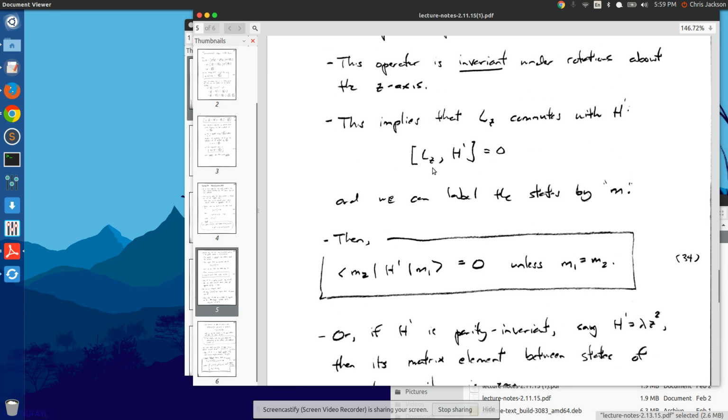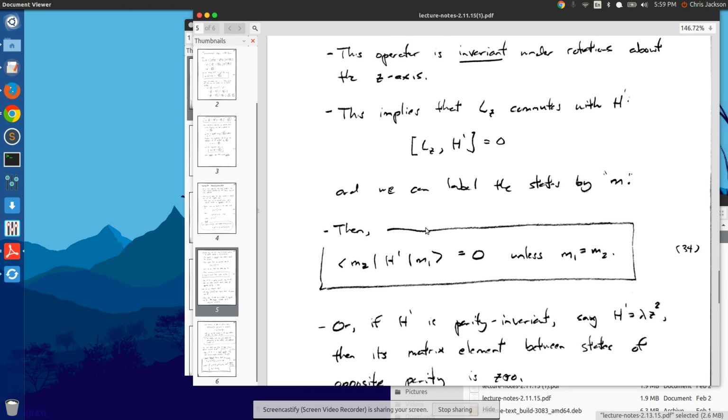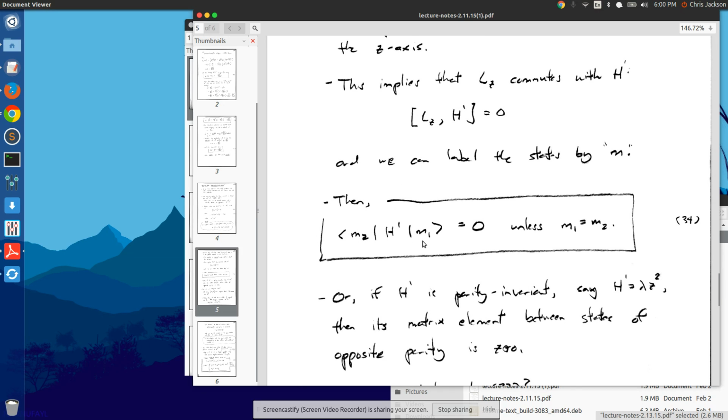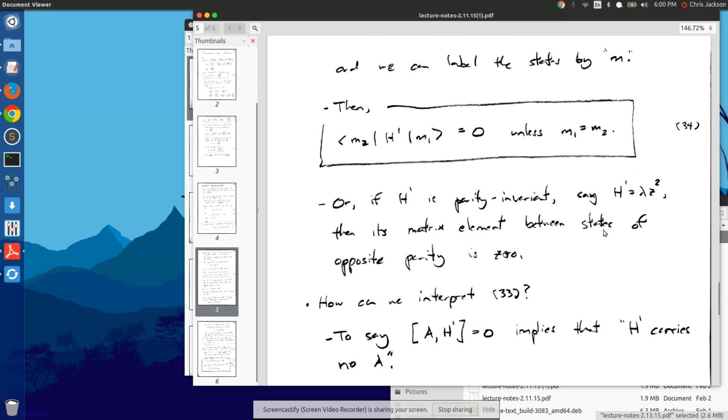So we know that Lz commutes with z, which tells us they're compatible and share the same eigenstates. So the matrix element is going to be zero unless m1 equals m2.